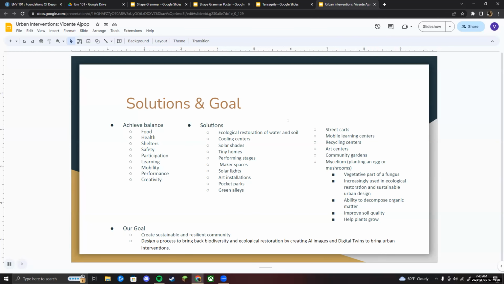Some solutions would be ecological restorations of water and soil, cooling centers, solar shades, tiny homes for population growth, performing stages for entertainment, makerspaces, solar lights, art installations, and many more. Our goal is to create sustainable and resilient communities by designing a process to bring back biodiversity and ecological restoration by creating AI images and digital twins to bring urban interventions.